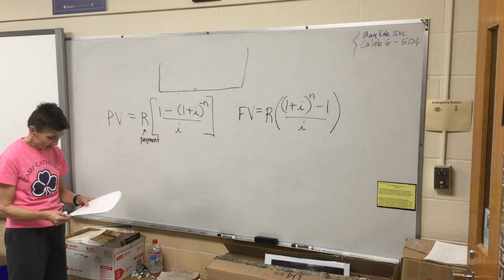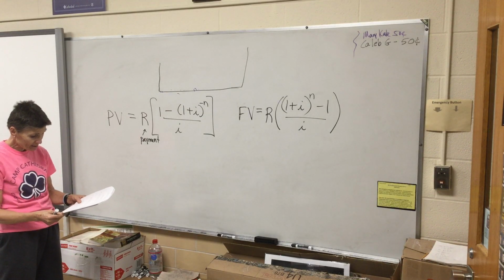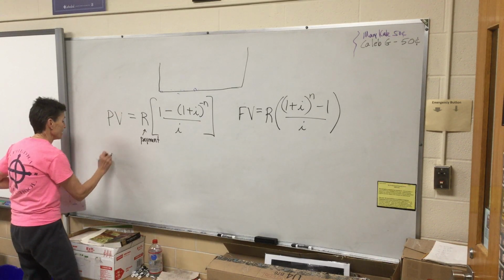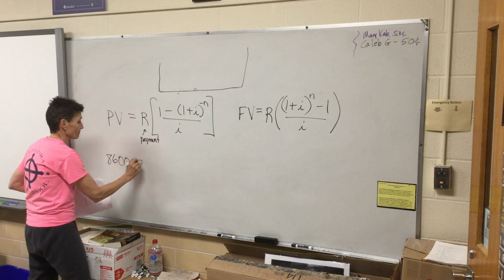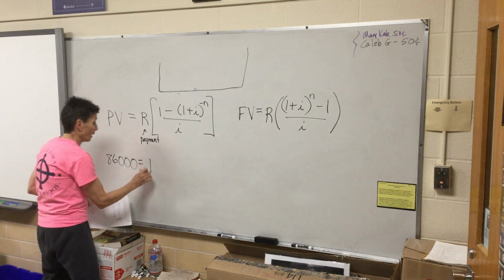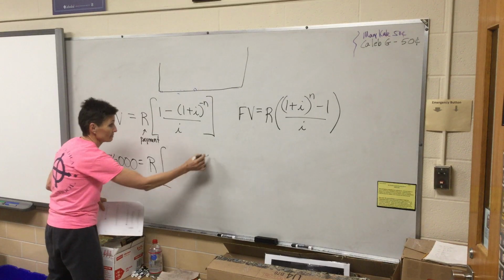Jendo obtains a 30-year, $86,000 house loan. So the present value is $86,000. We want to know the payment.